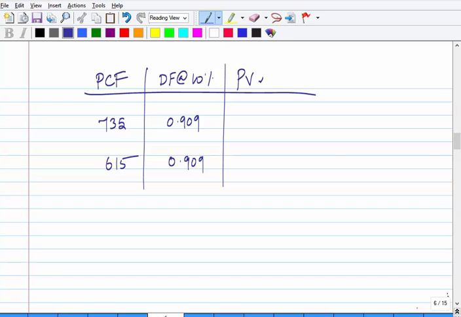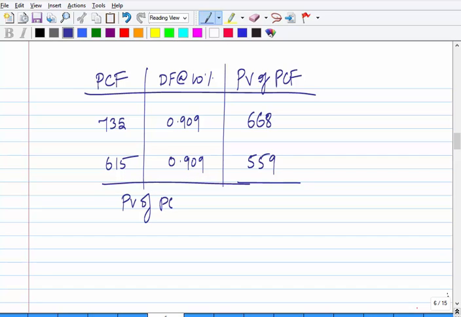You get present value of probable cash flows, and that's going to be 668 and 559. Okay. So if you total both, what you get is present value of probable cash flows, and that's 1227. But now we should find out the net benefit.